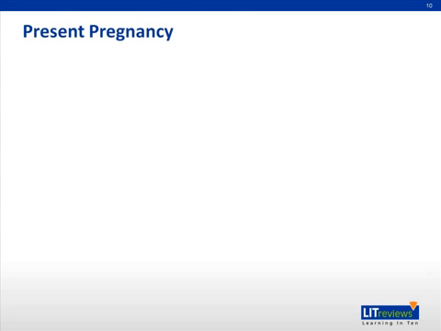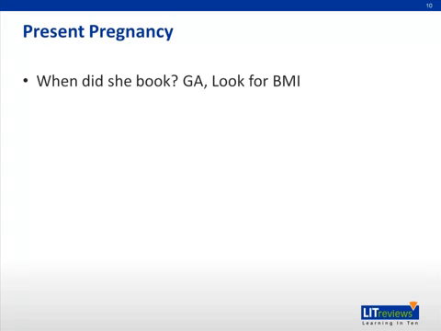We may not always see the pregnant woman at the start of the pregnancy. For example, if you saw a patient for the first time when she was 32 weeks pregnant, you may want to ask further history about the present pregnancy. We need to know when she booked, at what gestational age, what her BMI is, and did she have a booking ultrasound scan?